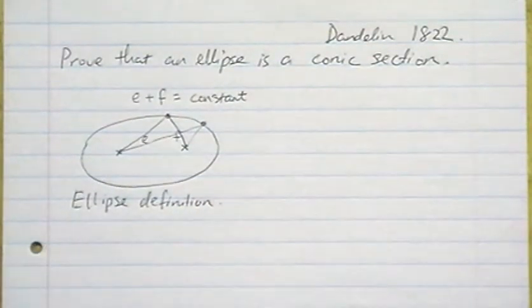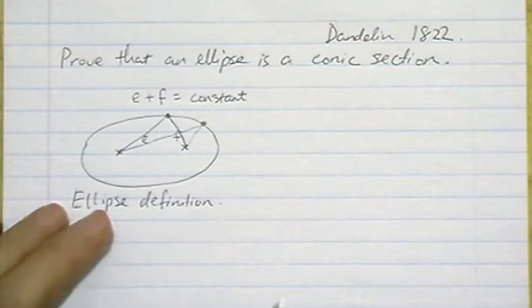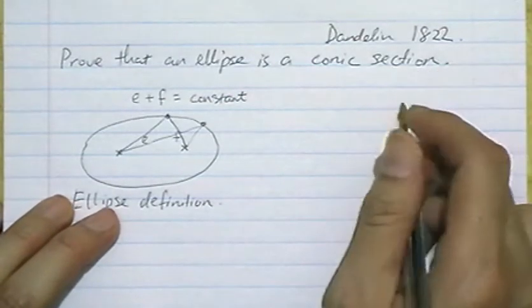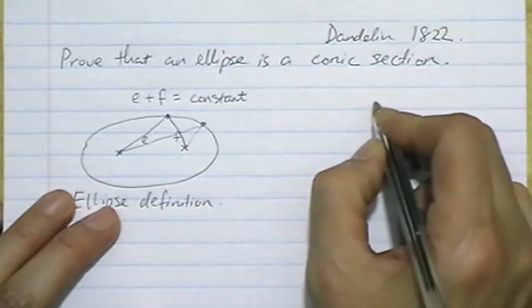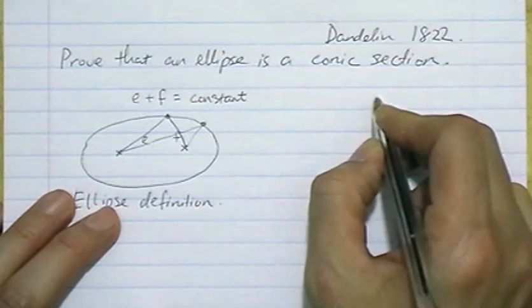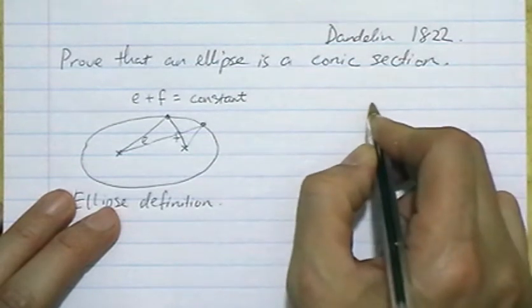A conic section is defined this way. Think of a cone.